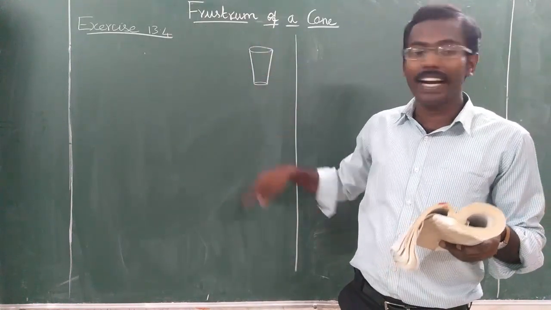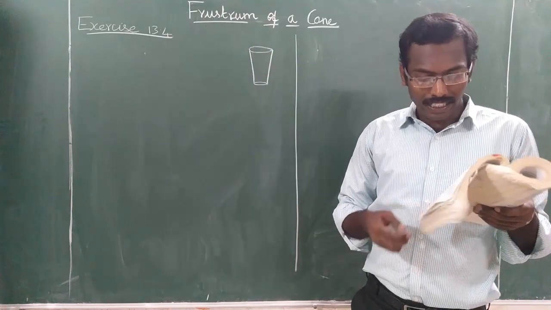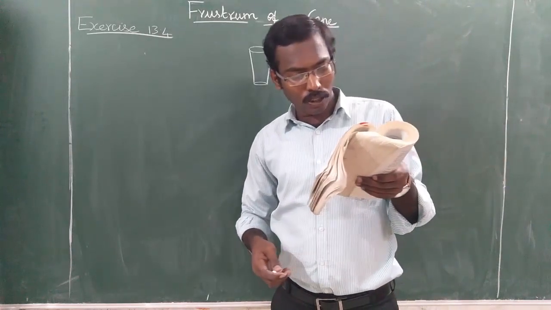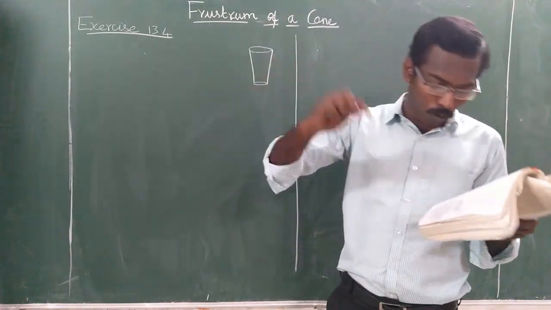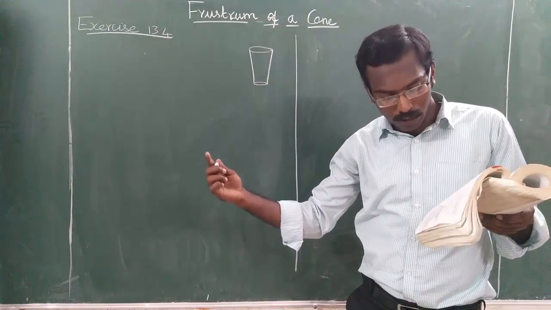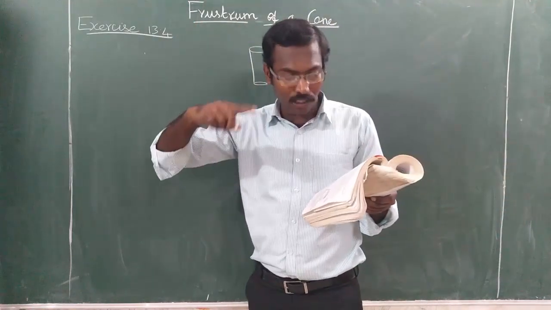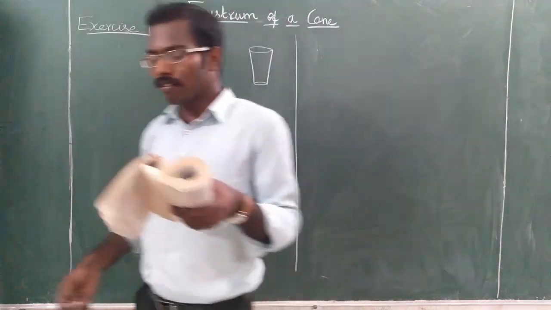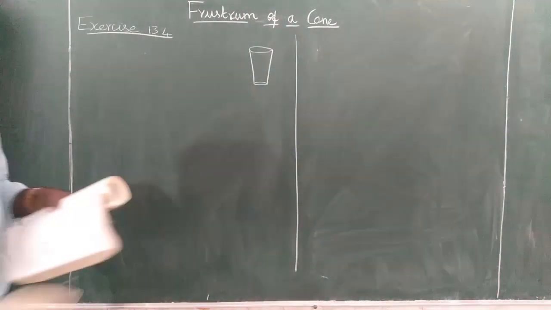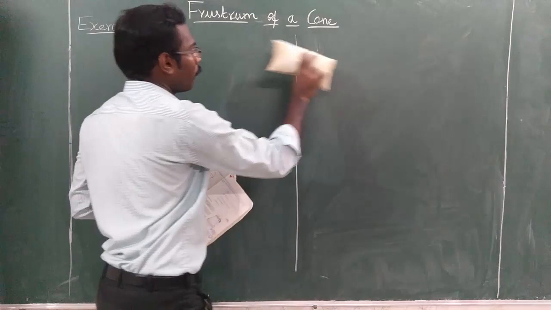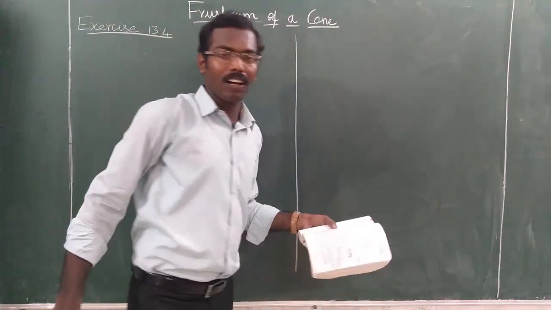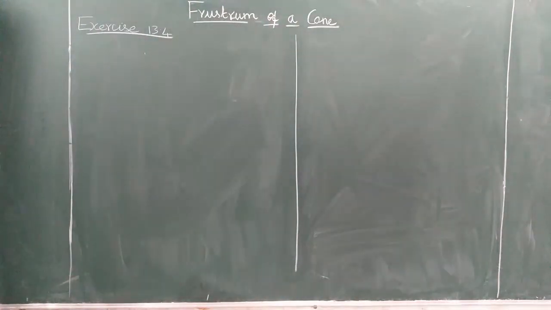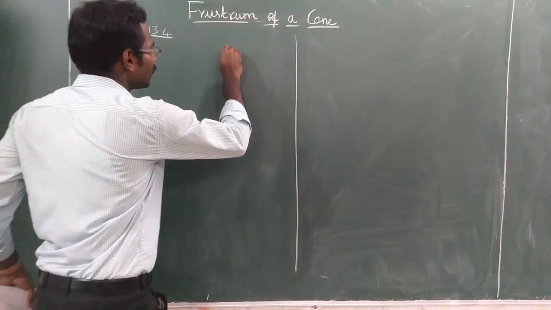The diameters of its two circular ends are 4 centimeter and 2 centimeter. The bigger diameter is 4 centimeter, the smaller one is 2 centimeter. You have to find the capacity of the glass. You should understand one thing, capacity means nothing but volume. Understood? Capacity means volume. So the glass is like this.